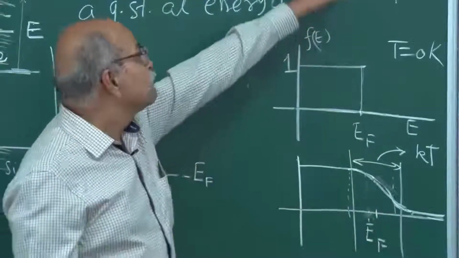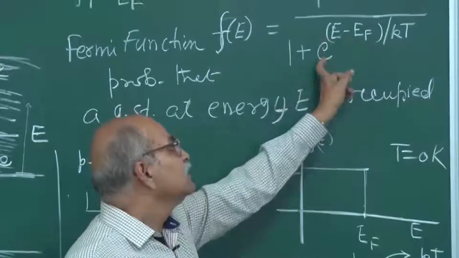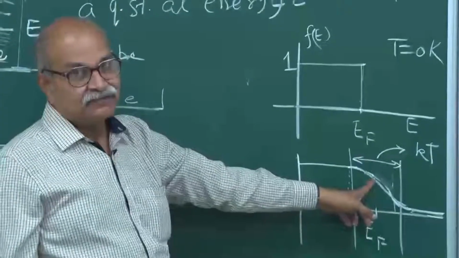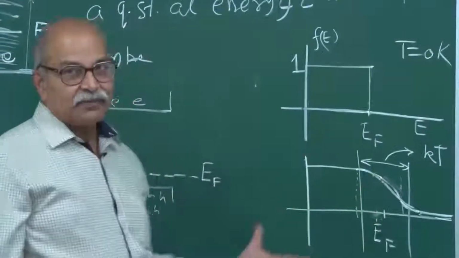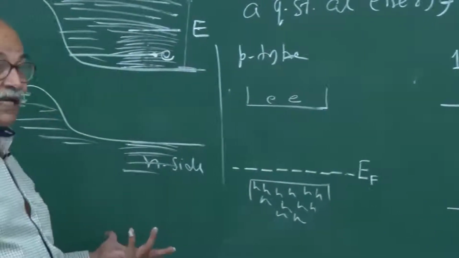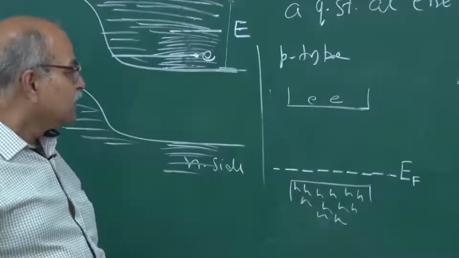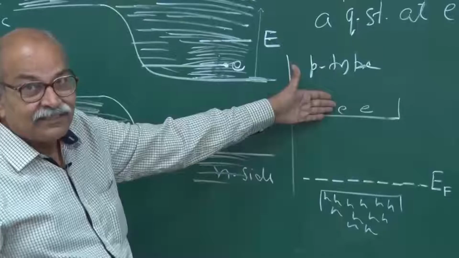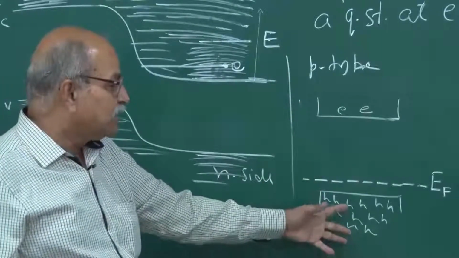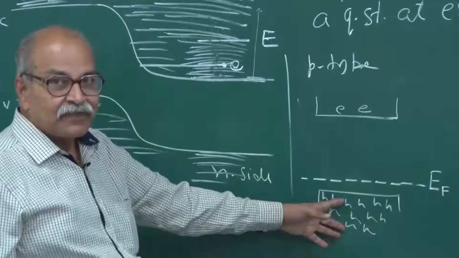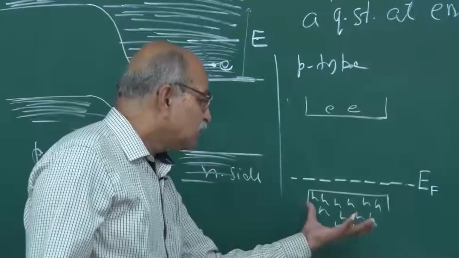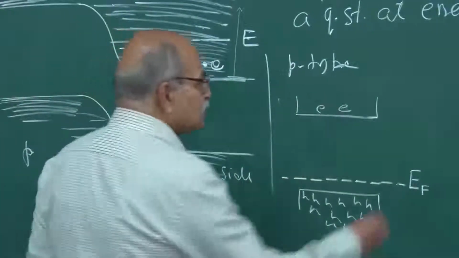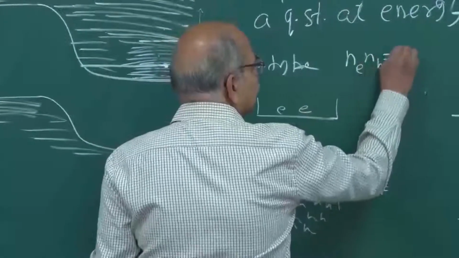Right at EF, if you put E equal to EF, then you get e to the power 0, which is 1, so 1 by 2. So if you are right here, the probability is half, and if you are close to it, the probability is not half, but still sizable. So lots of holes are here, and very few electrons, even fewer than in the intrinsic case. When you put in p-type impurity, not only do you have a large number of holes, the electron number also goes down, because Ne times Nh is equal to Ni squared.